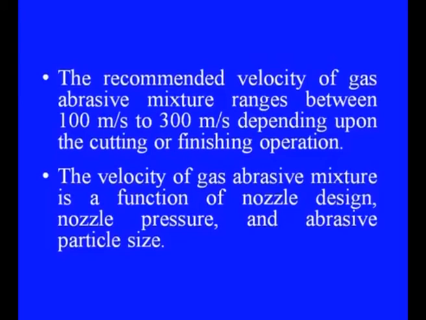The recommended velocity of the gas abrasive mixture ranges between 100 meter per second and 300 meter per second, depending upon the cutting or finishing operations. The velocity of the gas abrasive mixture is a function of nozzle design, nozzle pressure and abrasive particle size.